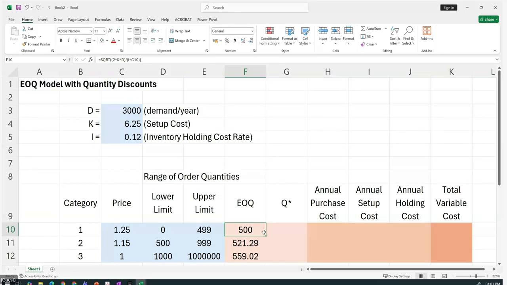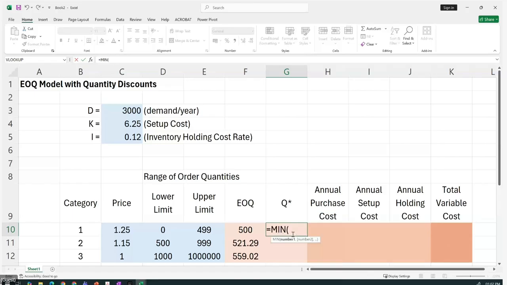Right? Now, what is this Q star? What is this EOQ? EOQ is my economic order quantity as per the formula, right? What is Q star? Q star is what I have to order. So in this case, for each category, how much should I order? For that, okay, please look at this and start writing this formula. This is pure logic.